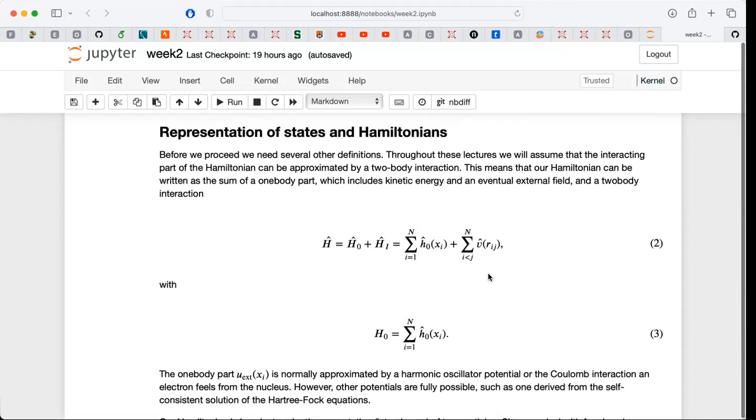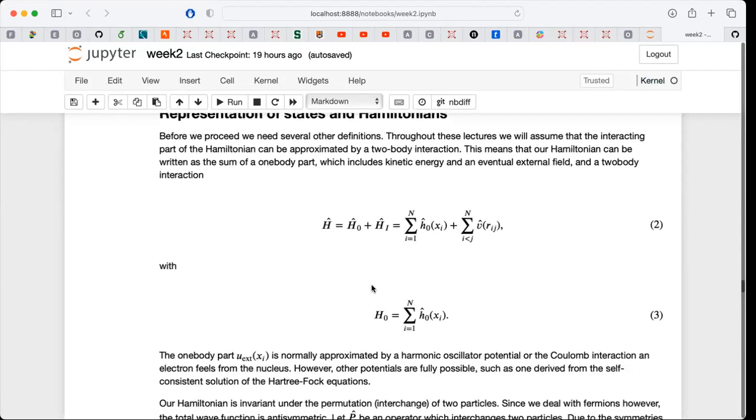That's the most common case, especially if we have energy conserving forces. They often depend on the relative distance between the particles. We would have an operator here, this H0, which contains kinetic energy and an eventual external field. And then we have an interaction between two particles, but we can also have more complicated interactions.